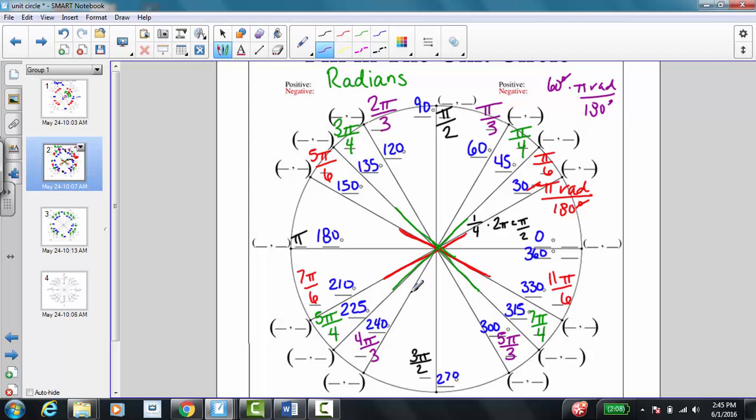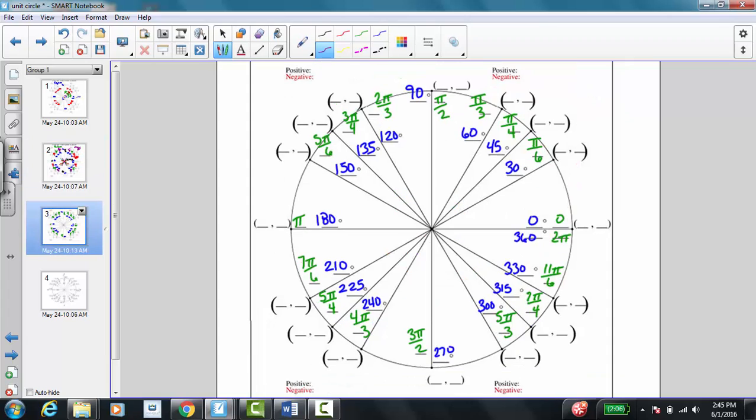And then the radians with the denominator 6 all cross here. So you can really see how they're being reflected across the y-axis and then reflected across the x-axis. So they all have this relationship to one another. And you'll really be able to see that once we start talking about the coordinates on this slide.